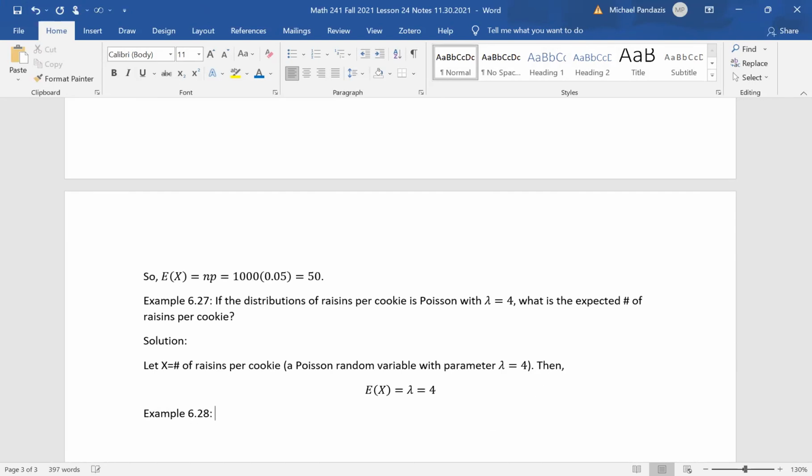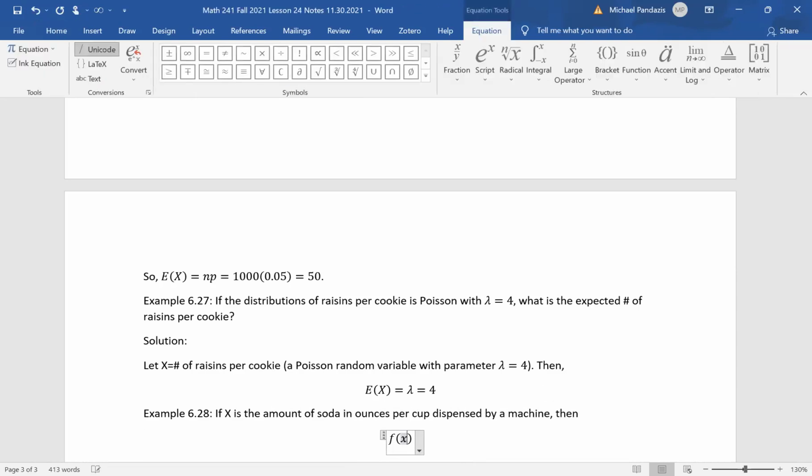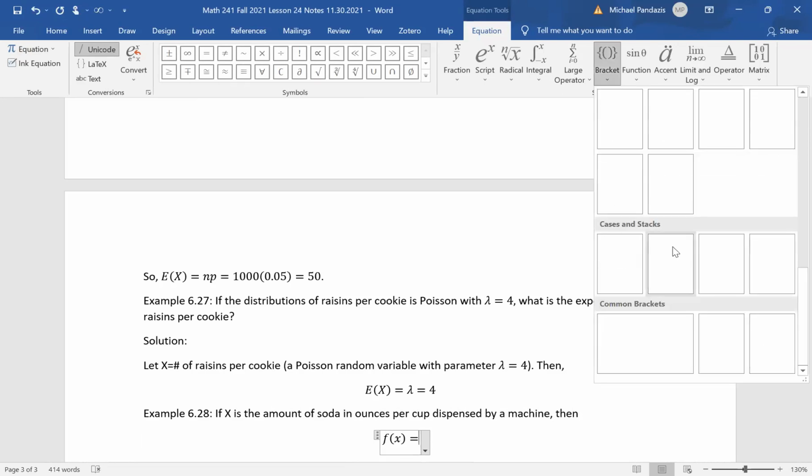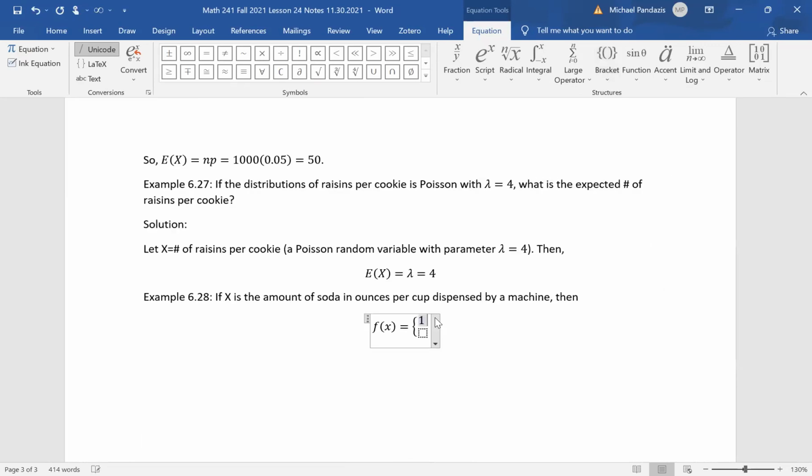Example 6.28. If X is the amount of soda in ounces per cup dispensed by a machine, then we have this PDF f of x, which is equal to 1 when 6.5 is less than x less than 7.5, and 0 elsewhere.